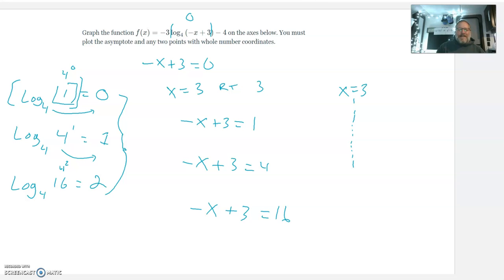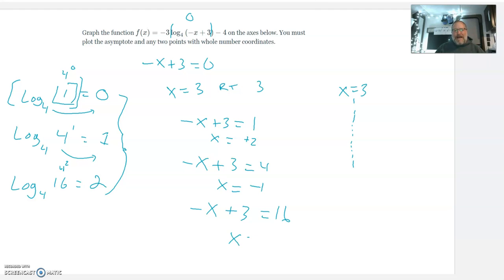So negative x plus 3 is equal to 1. Let's solve for x. I'm going to subtract negative 2, and then multiply by a negative and get a positive 2. Cool? Then minus 3 gives me a 1, and then a negative 1, multiplied by a negative.